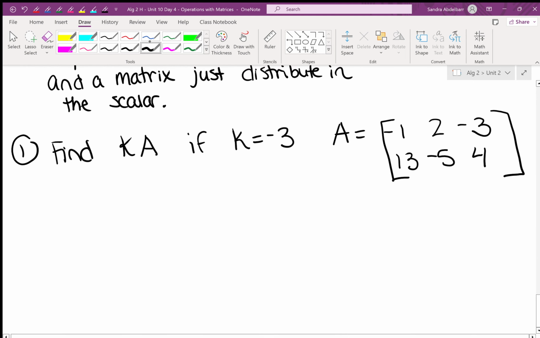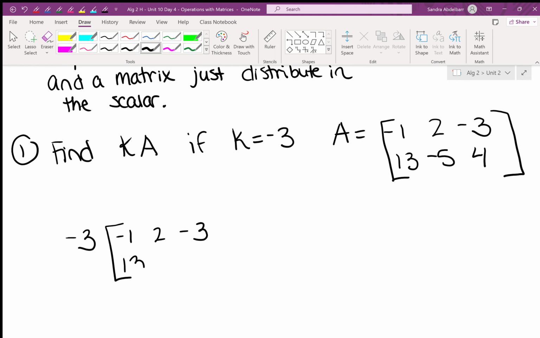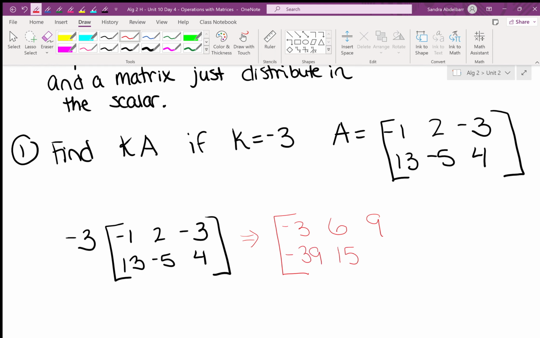All you're going to do is take your scalar, take your matrix, and distribute in the scalar to every single element in your matrix. So we're going to end up with 3, -6, 9 as our first row. Second row, -39, +15, -12.